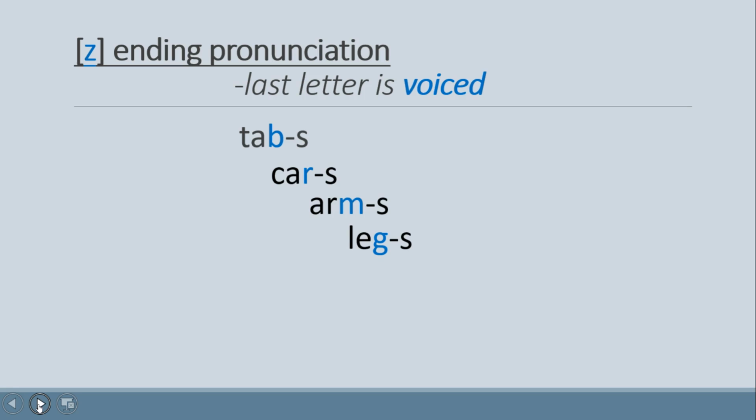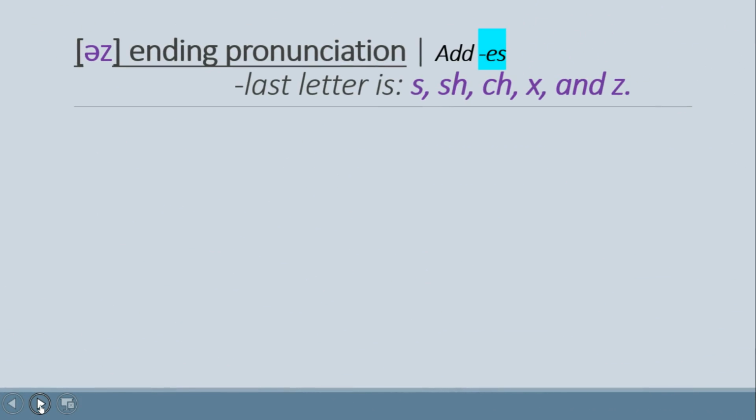Now let's move on to the final case scenario, where we have to insert our schwa sound accompanied with Z. So in this slide, two different things will happen, okay? The first thing that is different is the ending pronunciation.